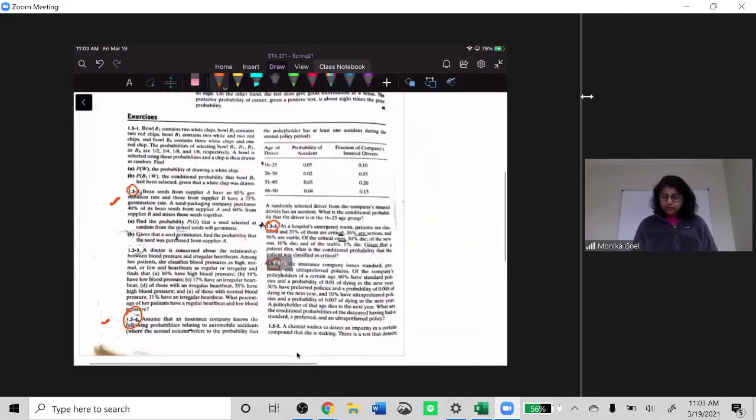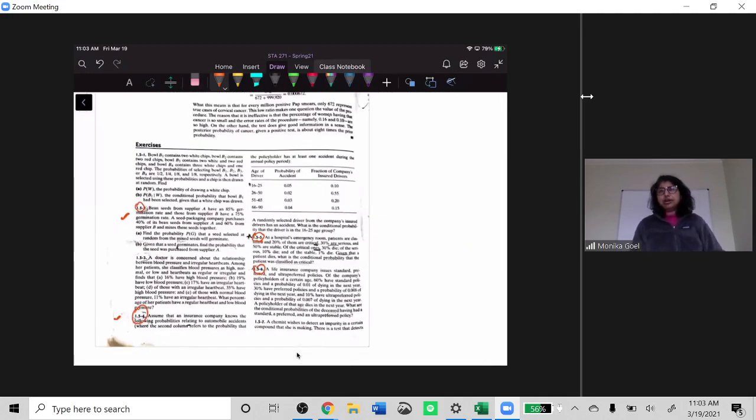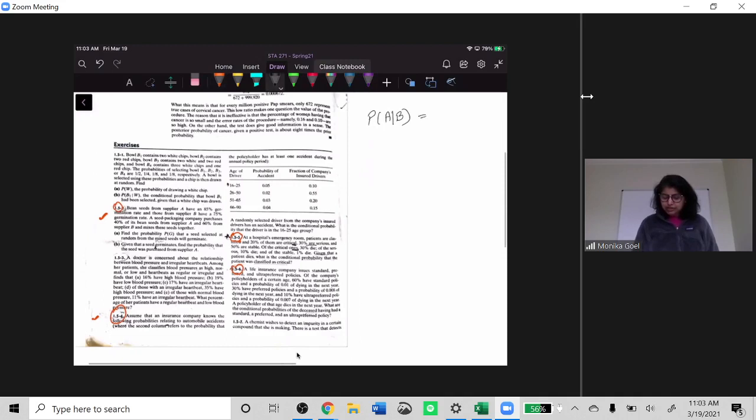So as we know, Bayes' rule talks about conditional probability, or you can say that it is an extension to conditional probability, where the probability of any event given the other event is the probability of A intersection B divided by the probability of the given event.